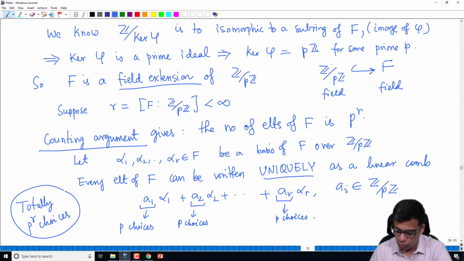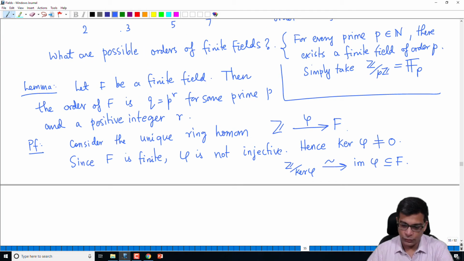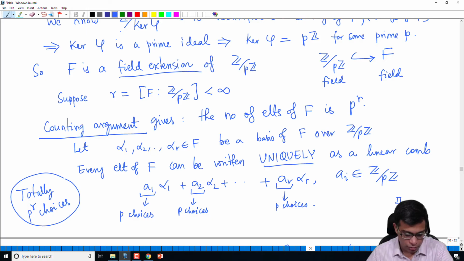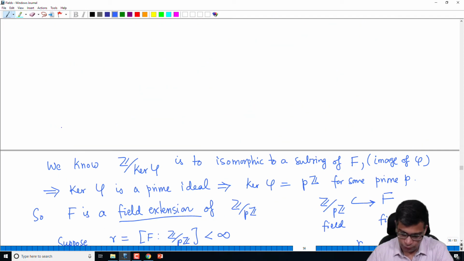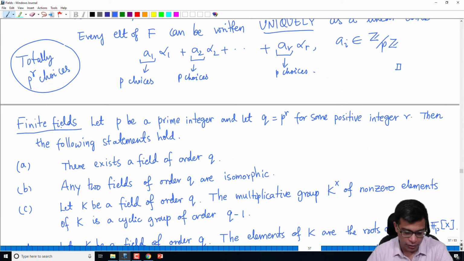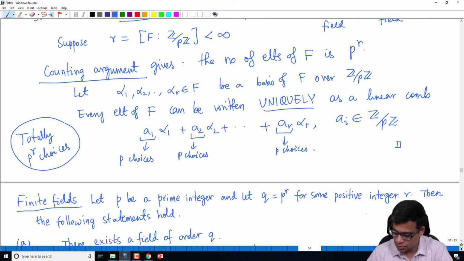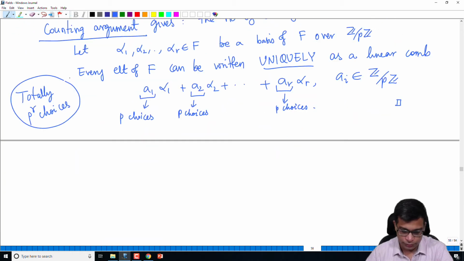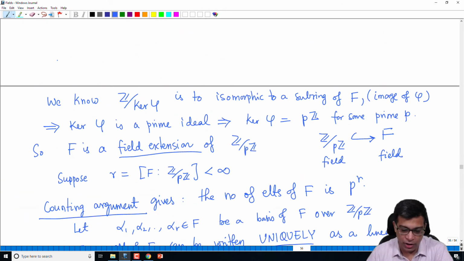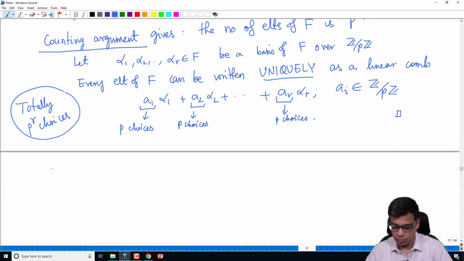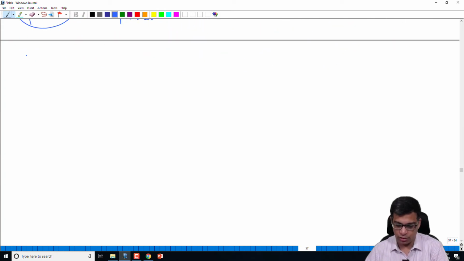Okay. So now we have proved this theorem that finite fields can have only order p power r. Sorry, I want to insert a page here. So corollary, I am doing this because I have written the next theorem already.